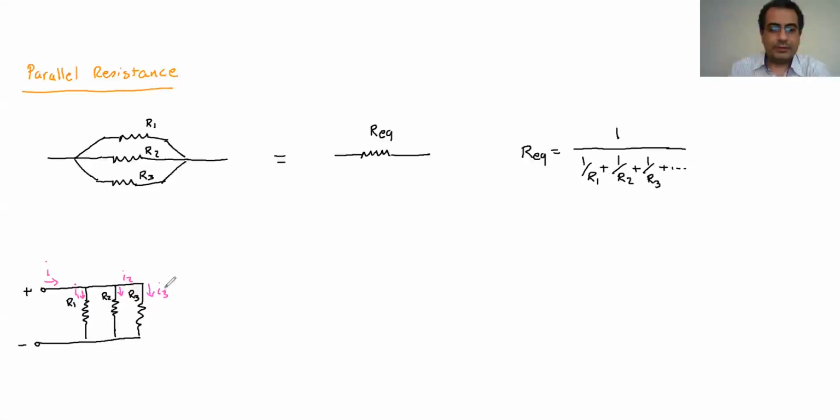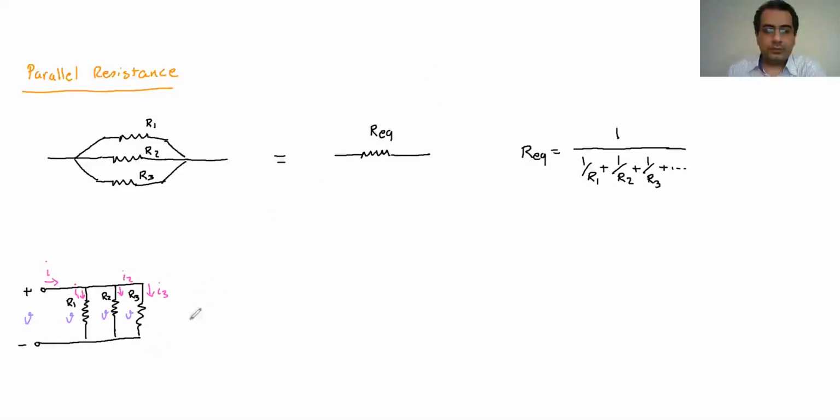So you have three different currents. But if there's a voltage V here, this is also V, this is going to be V, this is going to be V as well. So in parallel, they all have the same voltage but different currents. In series, they all have the same current but different voltage.